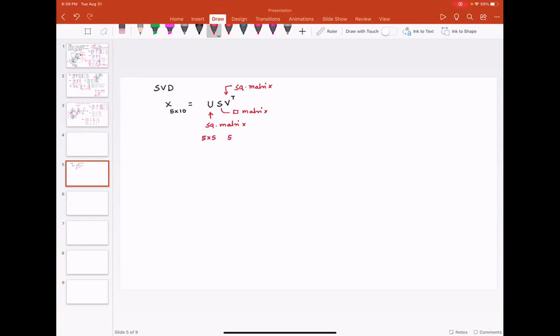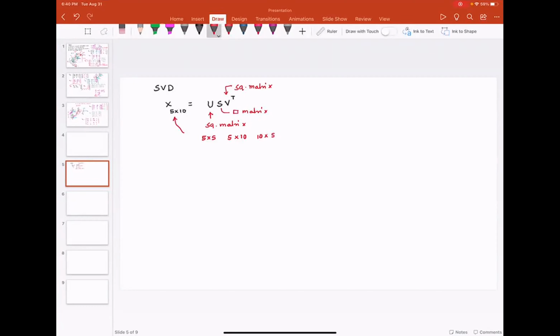This is going to be 5 by 10. And then the last matrix, the transpose of it, is going to look like 10 by 5. Only then, when I multiply U times S multiplied by V transpose, I'm going to get 5 by 10.